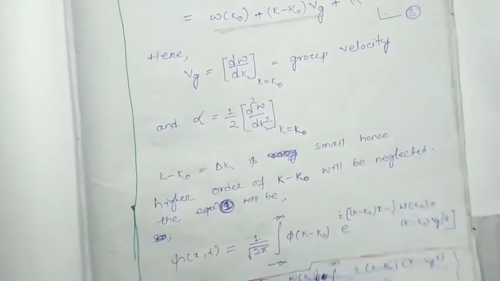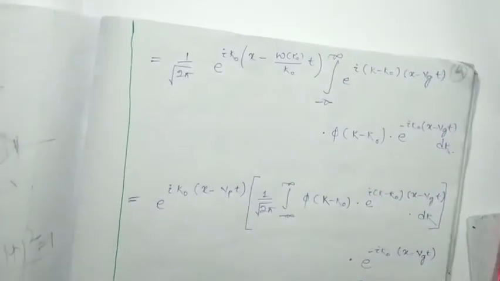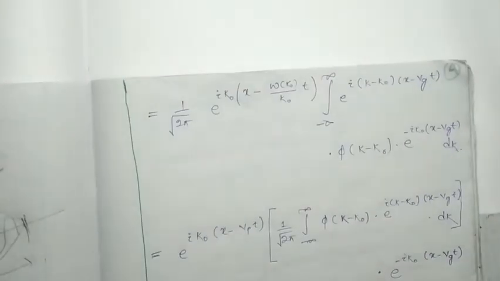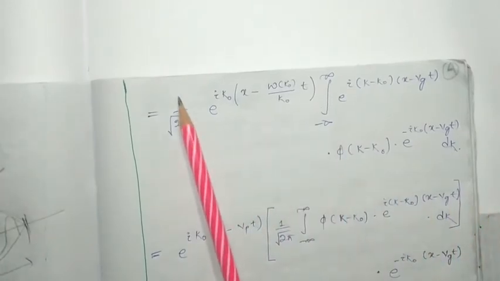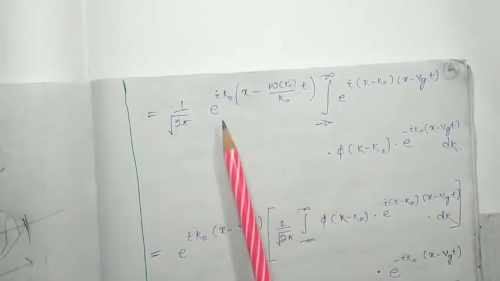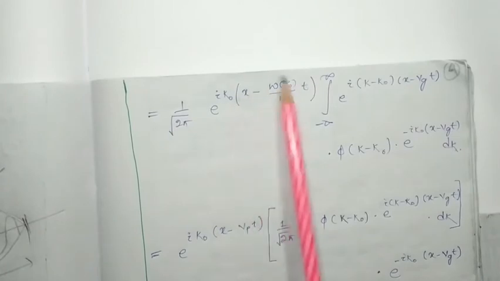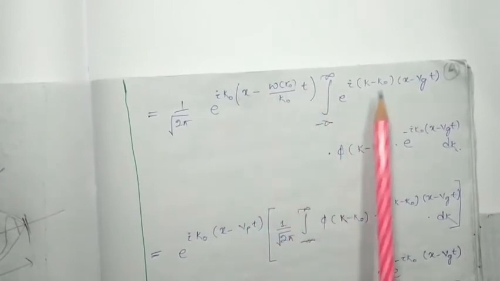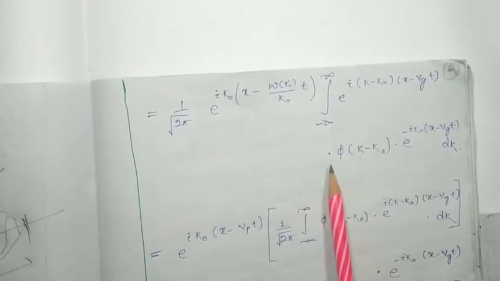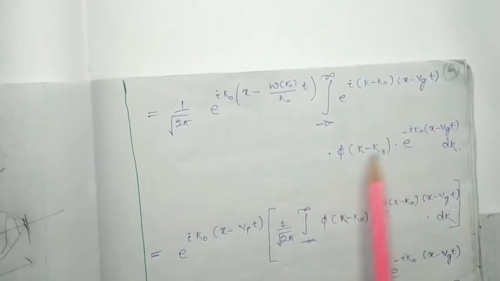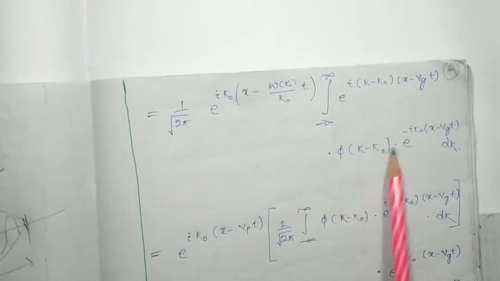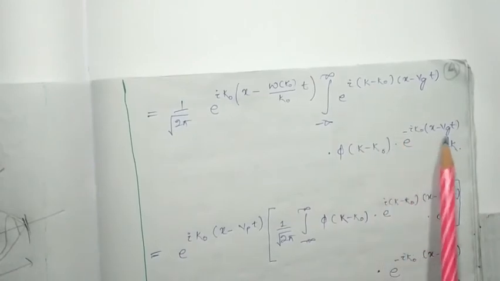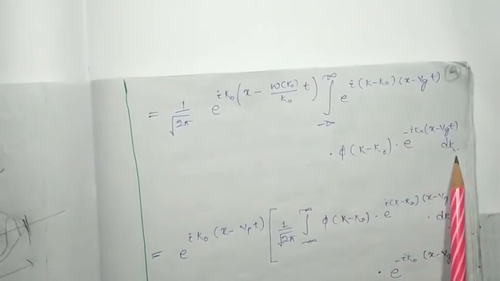Next, it has further simplification. By further simplification we can find 1/2 pi root, and this will be e to the power i(k0 x minus omega(k0)/k0 t), multiplied into phi(k minus k0) e to the power i(k minus k0)(x minus Vg t) dk.